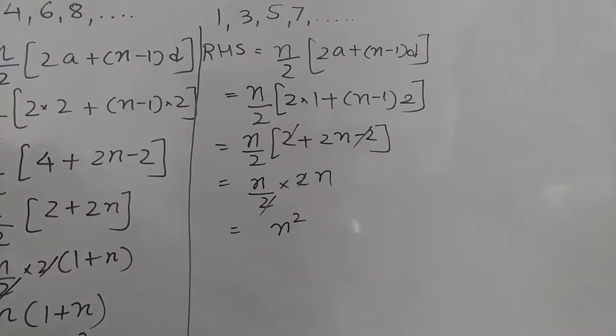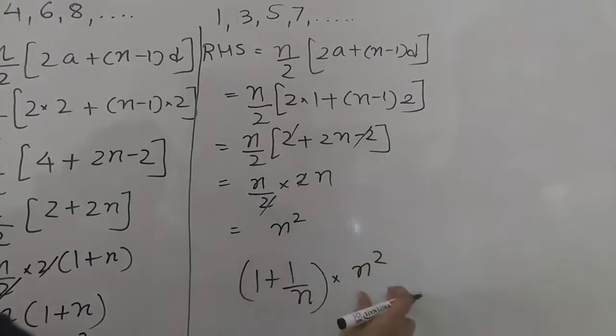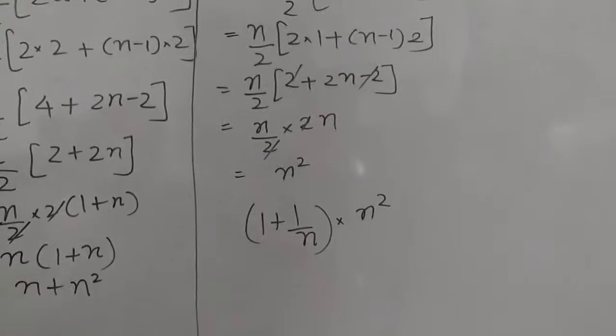Now here it is given in the question that the left hand side is equal to 1 plus 1 by n into the sum of the odd numbers. For that I will take n square, the sum of the odd numbers found already as n square, and multiply with 1 plus 1 by n.